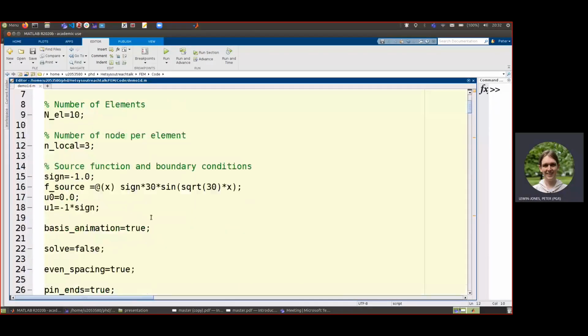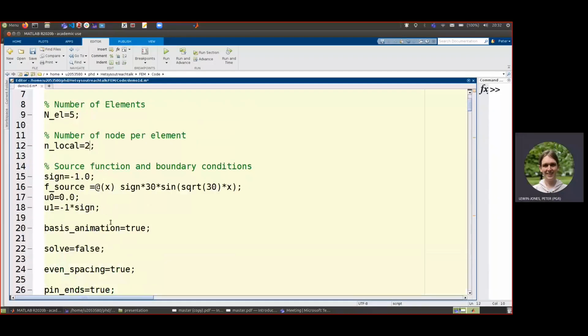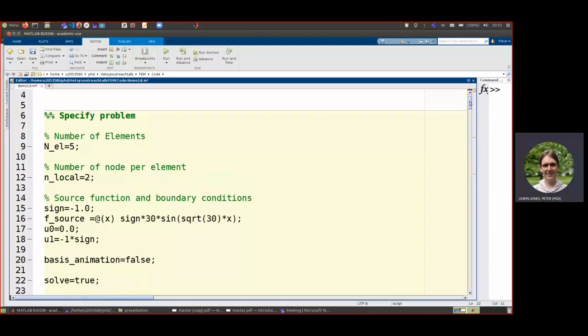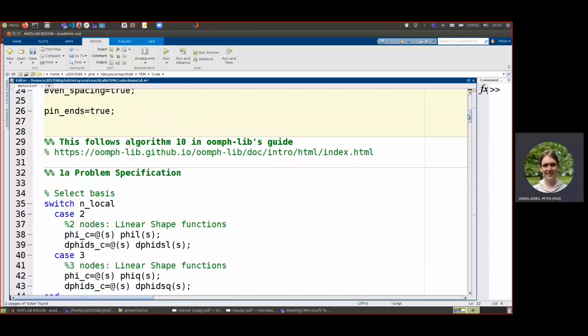So let's now actually solve an equation with this. I'm going to make it really low resolution so we can see what's going on. I've got some switches in my code which turn on different parts of it. So now 5 elements, linear functions, and then I'm actually going to solve it, and we're going to see what the solution looks like.